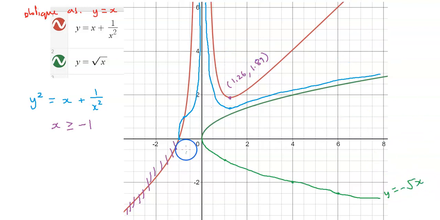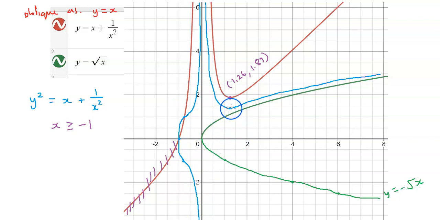So then all we've got to do is go ahead and reflect this blue graph. We should go through this point here, and then just kind of curve around like this. You can be a bit more accurate if you like, but I think that'll have to do.